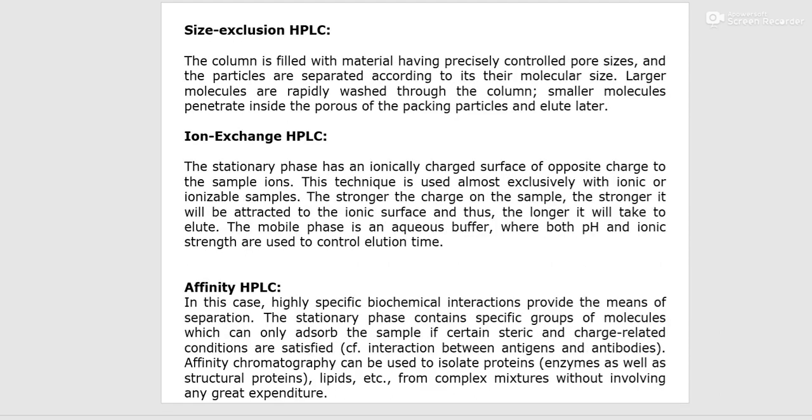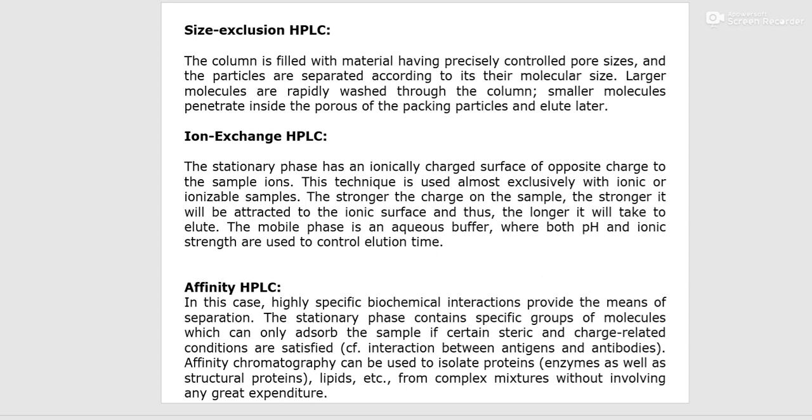Now size exclusion chromatography. Here the separation will be based on size of molecule, and the column is filled with material having precisely controlled pore size, and your sample is separated according to molecular size.